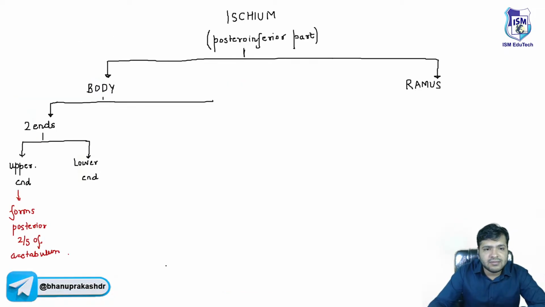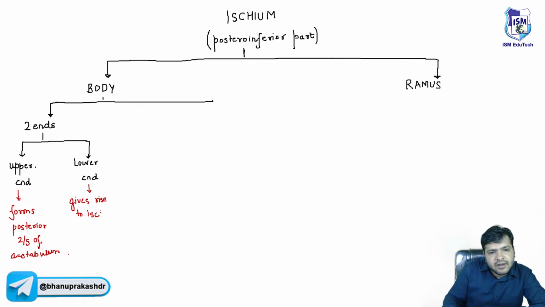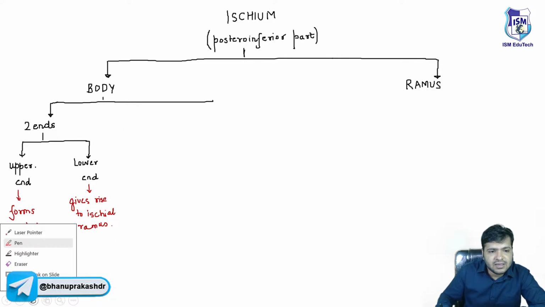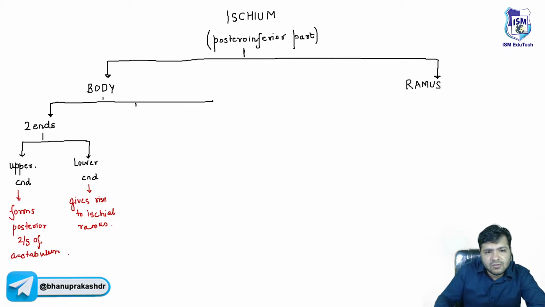So when we say lower end beta, remember, it gives rise to the ischial ramus, and obviously I will be discussing the ischial tuberosity over here.